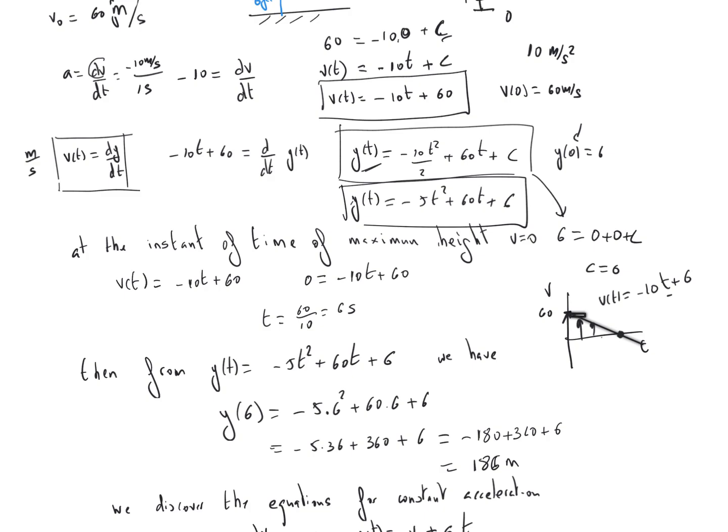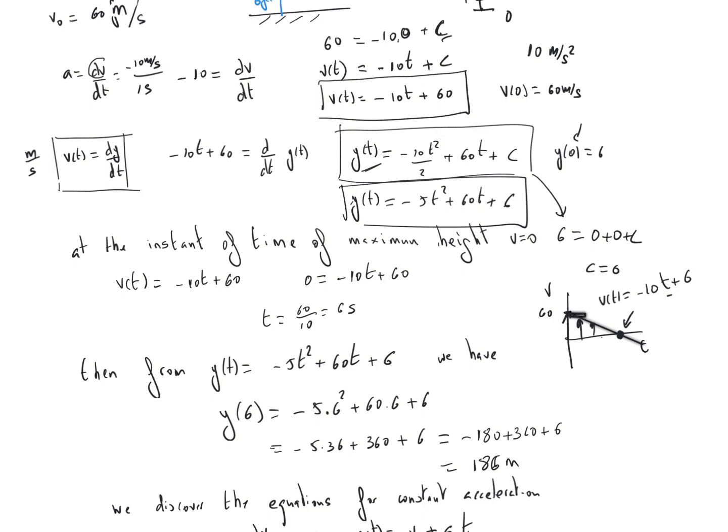Okay, so when will the velocity be 0? When the velocity is 0, we are at this point. At what time is the velocity 0? So we put 0 here: 0 equals minus 10t plus 60. So t is 60 divided by 10.